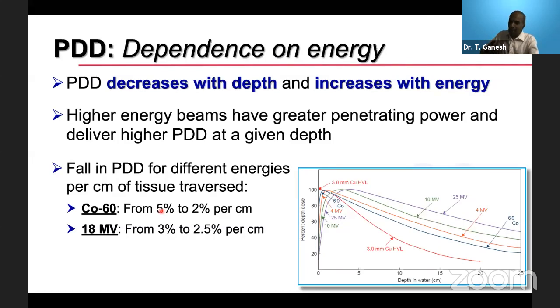But as you go deeper and deeper, for every 1 centimeter, the fall in PDD is only 2% per centimeter. Whereas for 18 MV, at shallower depths, the fall in PDD is 3%. And as you go deeper and deeper, even at large depth, for every centimeter traversed, the fall in PDD is only 2.5%. See the vast difference between cobalt 60 and 18 MV. Do not forget these. These are some of the thumb rules that you should not forget.